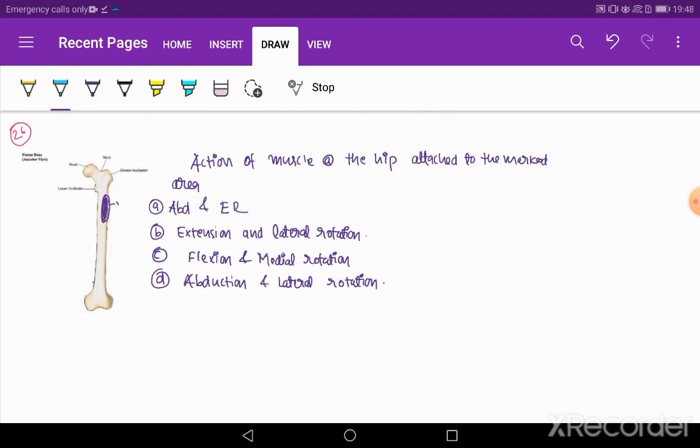Next question is the action of the muscle at the hip attached to the marked area. The marked area is something here. This is the gluteal tuberosity, and gluteus maximus attaches here, and the action of this muscle is extension and lateral rotation.